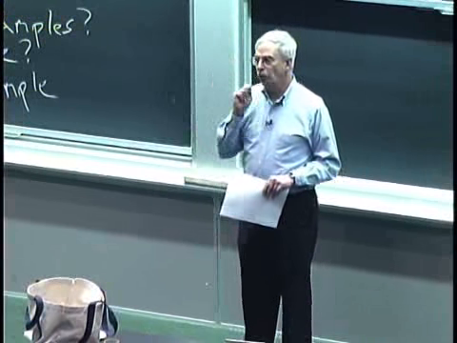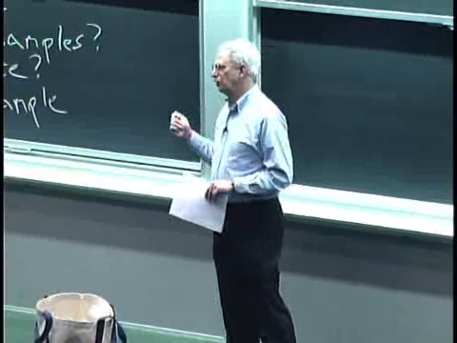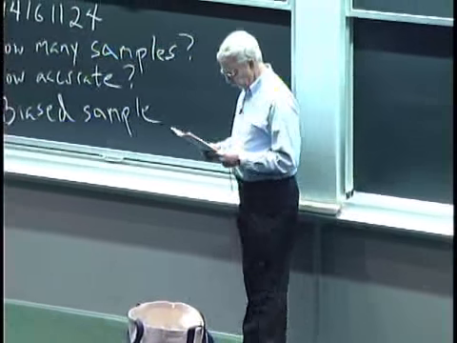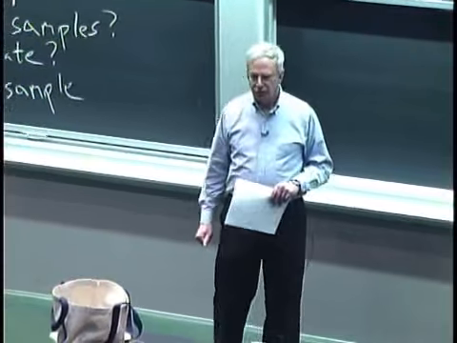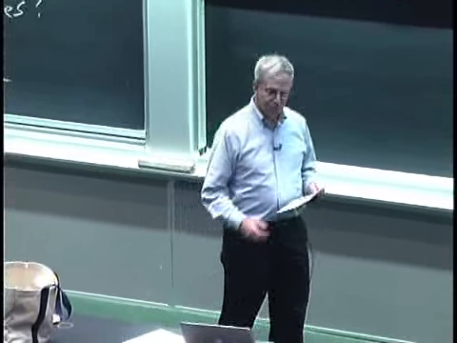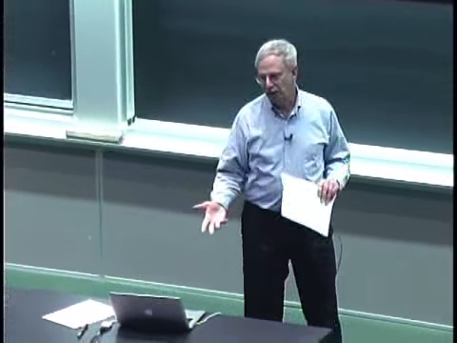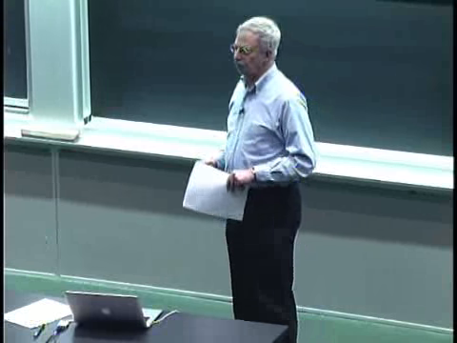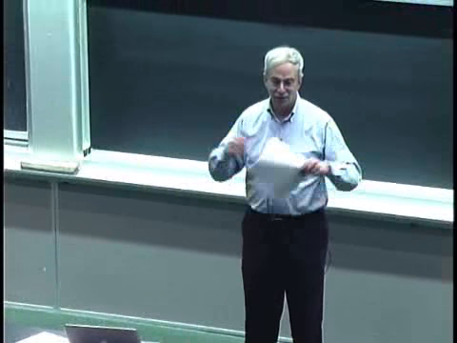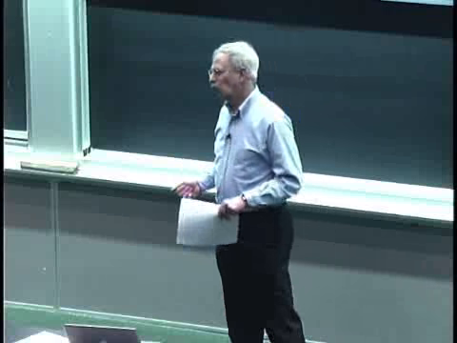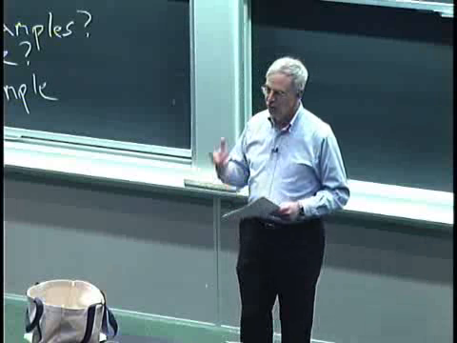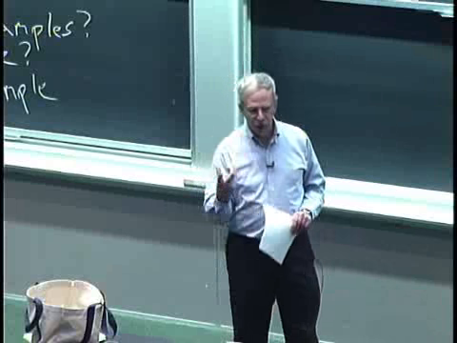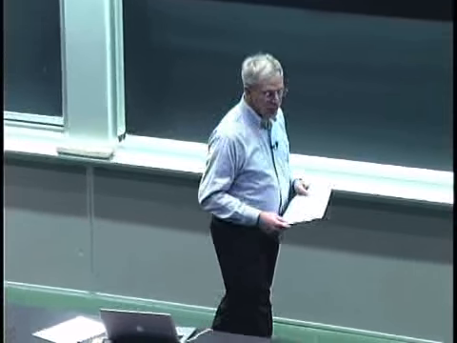But it's always given some set of assumptions. And we have to worry a lot about those assumptions. Now, in the case of our pi example, our assumption was that the random number generator was indeed giving us random numbers in the interval 0 to 1. So that was our underlying assumption.